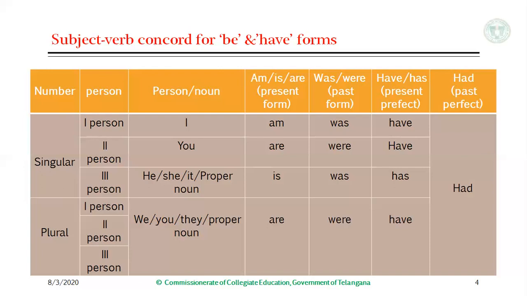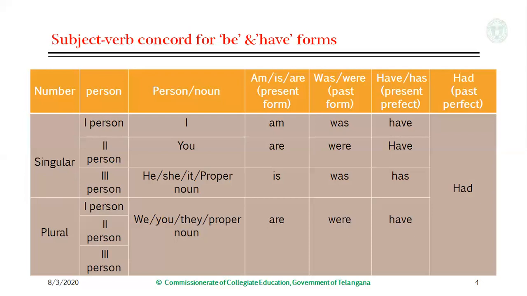Ramu is waiting for his friend. He was waiting for his friend in the morning when I met him. In the same way, he has two brothers. Ramu has two brothers.